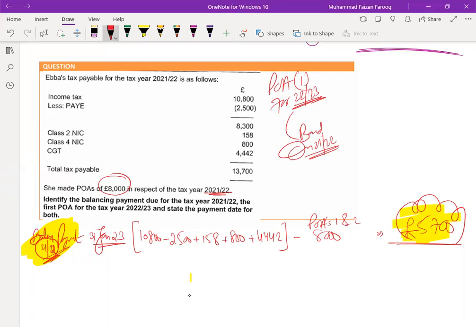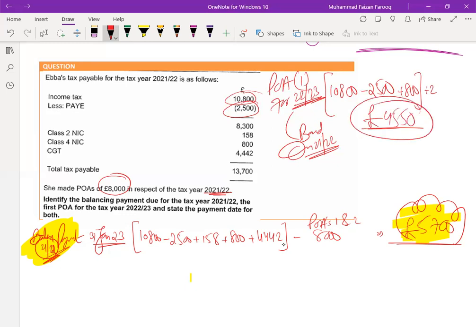The formula for POA is income tax, which is this, minus PAYE, plus NIC4, which is 800, divided by 2. So the POA's answer is 4550. I got this right.